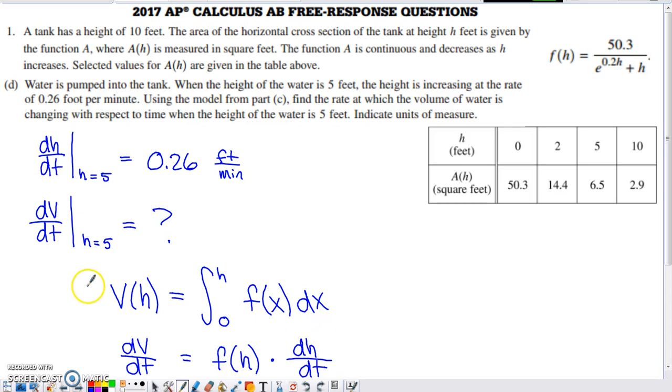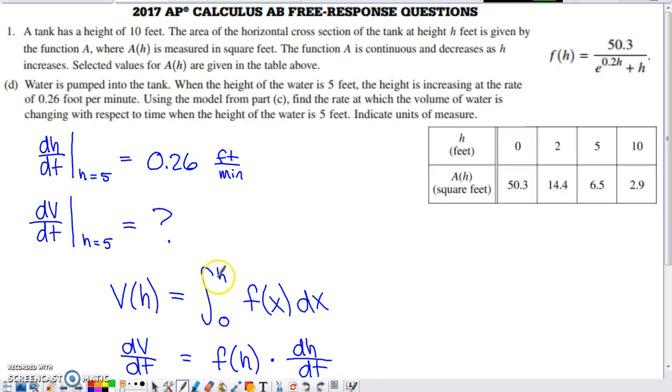So what am I going to do to generate a dV/dt? Well, I'm going to take the derivative of the left-hand side with respect to t. So the derivative of volume with respect to time is just dV/dt, but then I'm going to have to take the derivative of this other side with respect to t as well. So if I take the derivative of this definite integral, I'm going to replace the holding variable, the dummy variable, with that upper limit of integration.